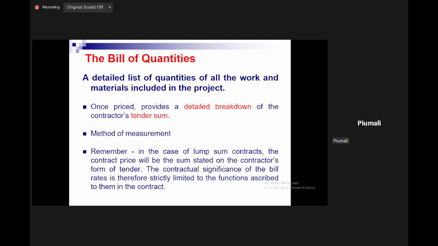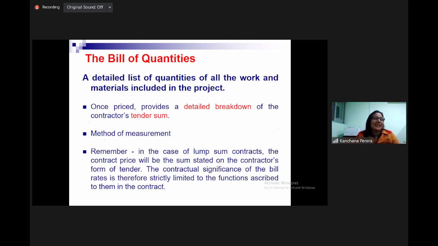Yes, madam. I think during the tender period, generally, they are supposed to do it, but they can raise it at the time of what? Pre-bid meeting.